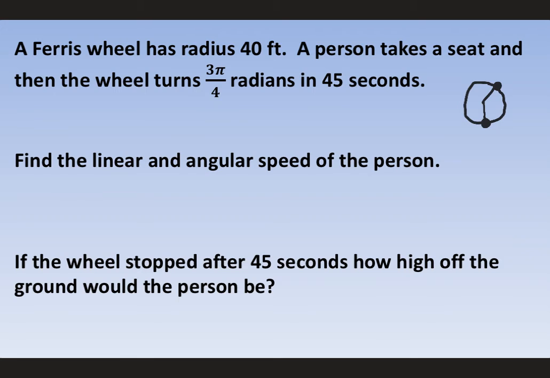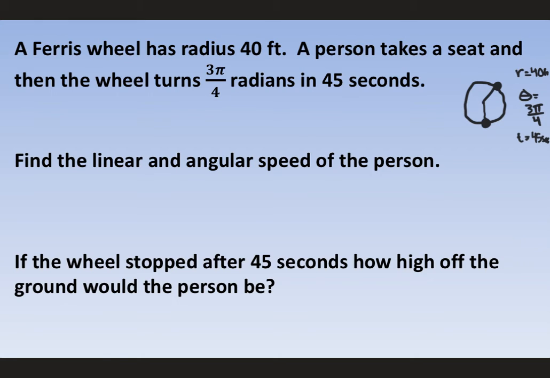So this is our theta, 3 pi over 4. Our radius was already given to us at the start. It is 40 feet. And then they give us the time as well. They say that took 45 seconds. So it's going pretty slow, 45 seconds to do that rotation right there.